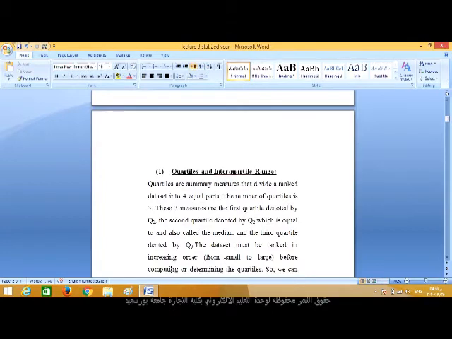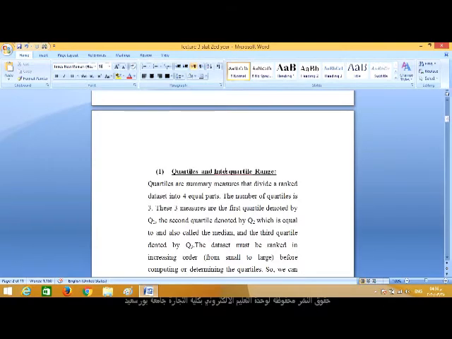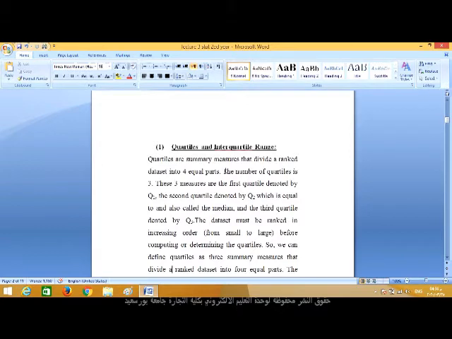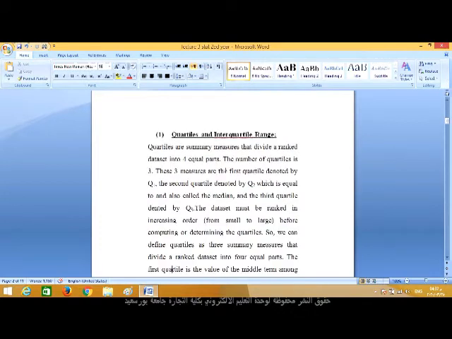The data set must be ranked in increasing order from small to large before determining the quartiles. So we can define quartiles as 3 summary measures that divide the ranked data set into 4 equal parts. Okay?